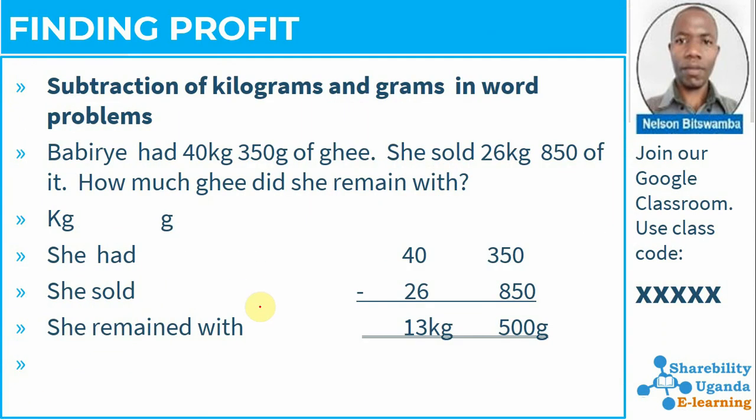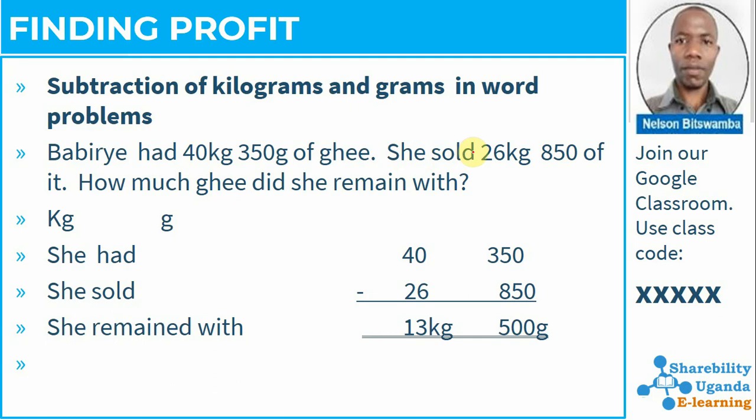Alright, so let's also come to another question as far as subtraction in a statement. They need you to see what you should use. They are saying Vaviria had 40 kilograms, 350 grams of ghee.